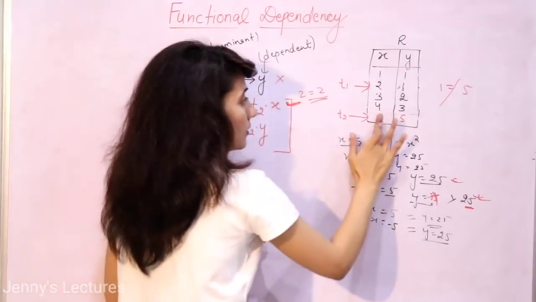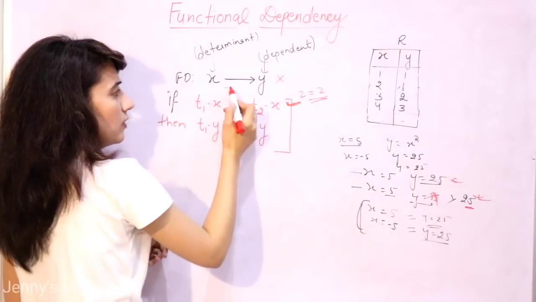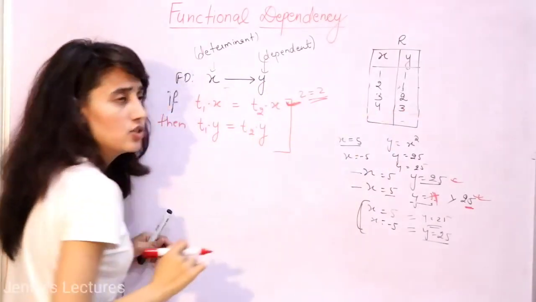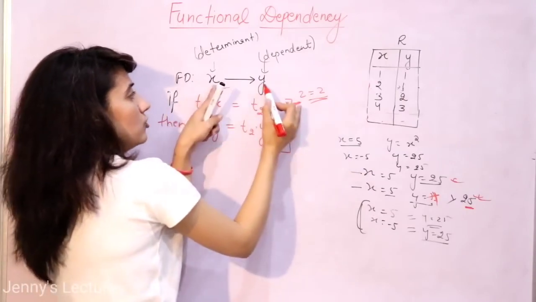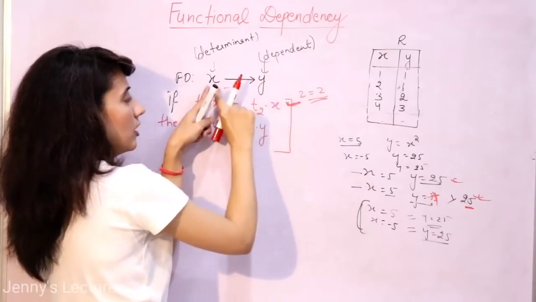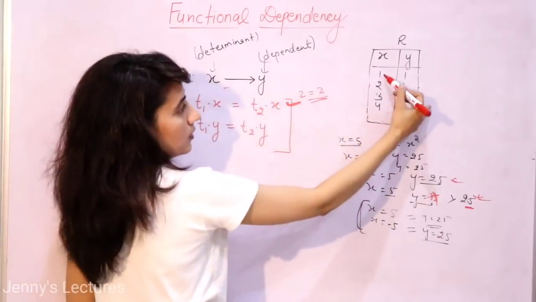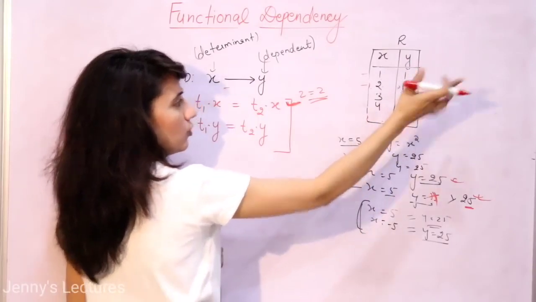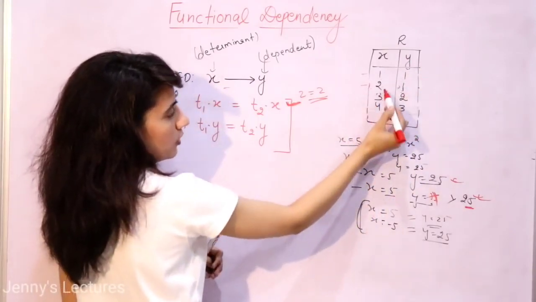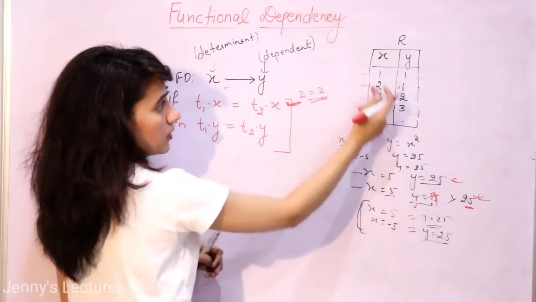Suppose I am writing this one. Now can I say this functional dependency exists in this relation? Yes, because x determines y means: check any two tuples, check the value of x. For this and this, the value of x is not the same, so we are not bothering about the value of y. For this and this, the values are not the same. For this and this, the values are not the same, right?